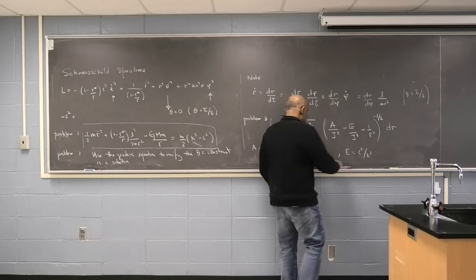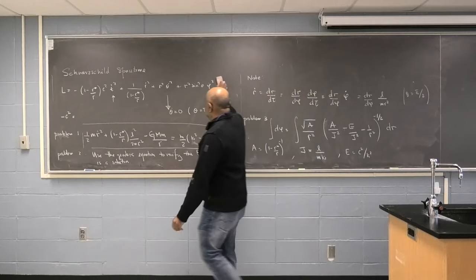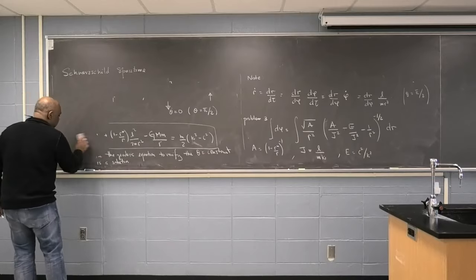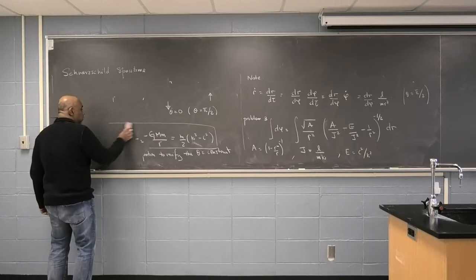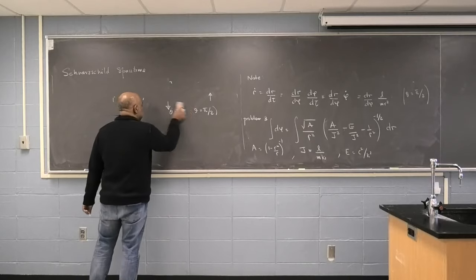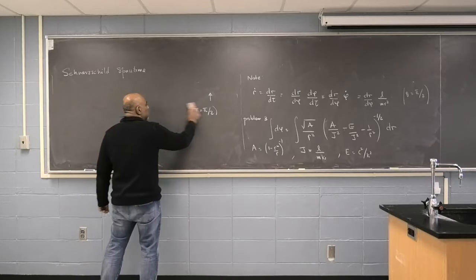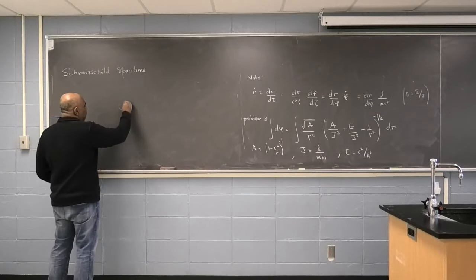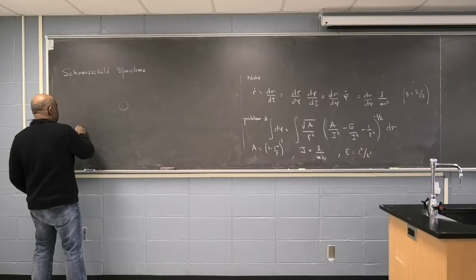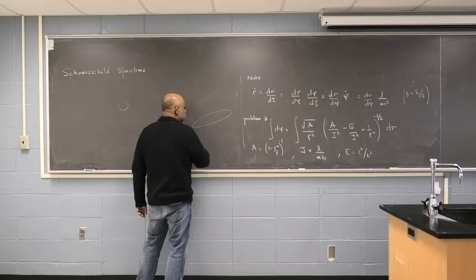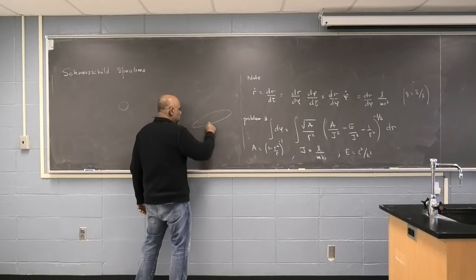I won't be able to derive this today, but let me at least describe what we're going to do. For many planets, it really doesn't matter. But Mercury is the closest to the sun. So if you have the sun over here, Earth is going to do this, and then it's going to do this again.